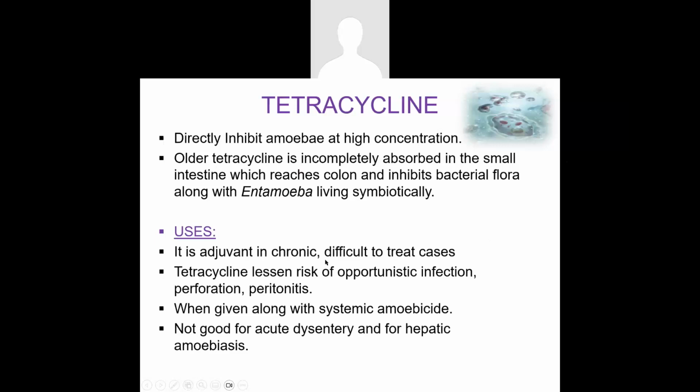It's used as an adjuvant in chronic difficult-to-treat cases. Tetracycline lessens the risk of opportunistic infection and perforation or peritonitis when given along with the systemic amoebicide, but is not good for acute dysentery and for hepatic amoebiasis.